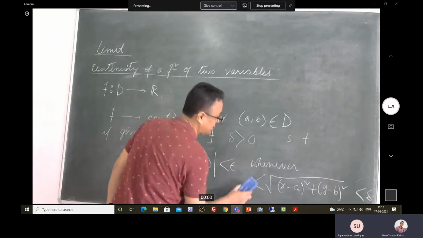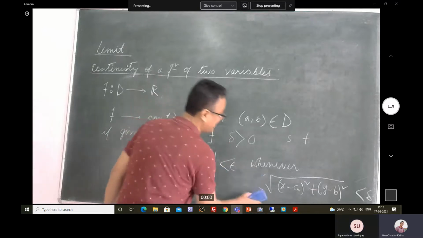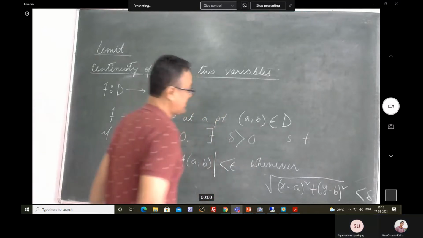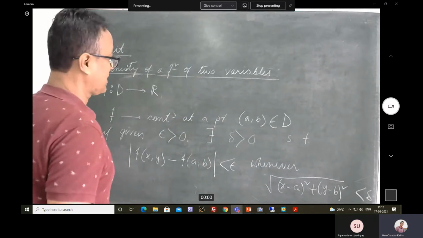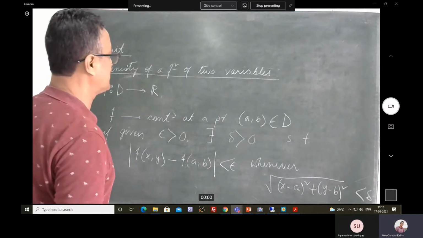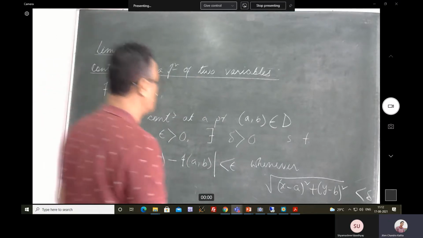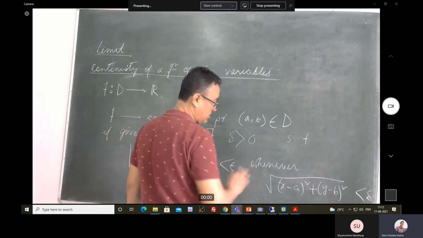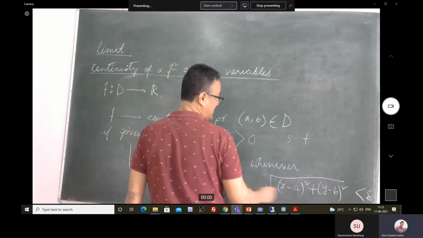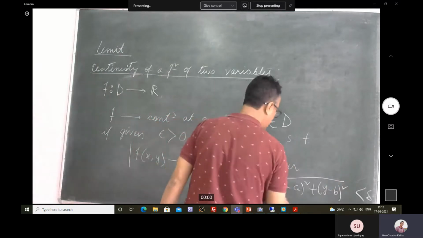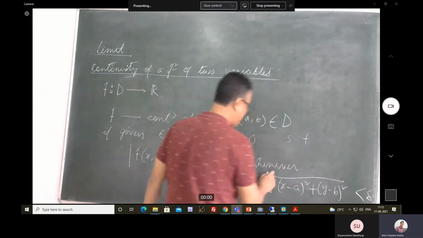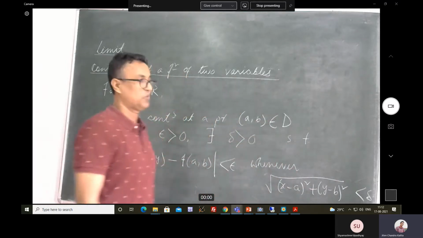Even when we were considering this concept for limit, because I'm always taking the positive square root of this, it was always going to be greater than 0.